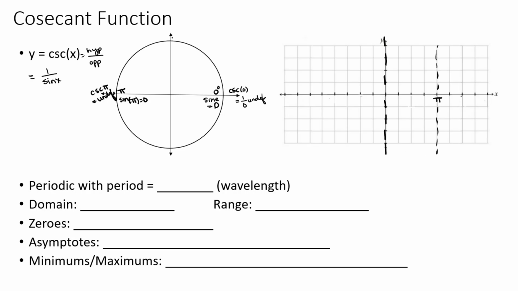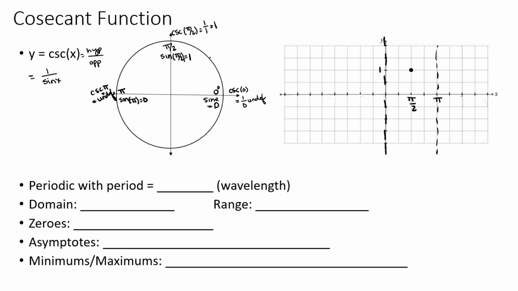Now, up at pi halves, sine of pi halves is equal to 1. So that's going to make cosecant of pi halves equal to 1 over 1, which is 1. So at pi halves, I can plot a point at 1.